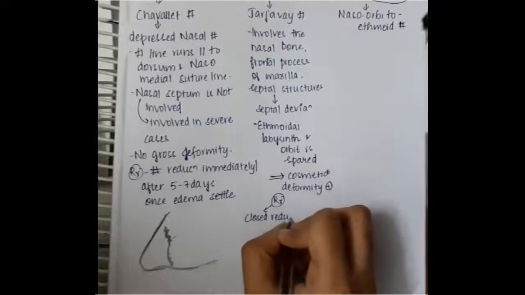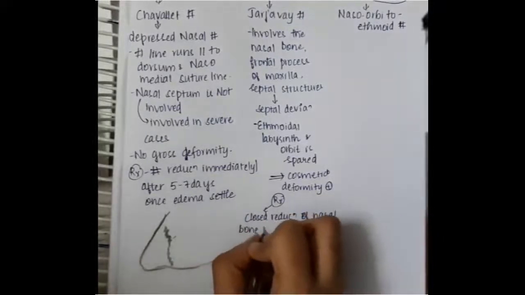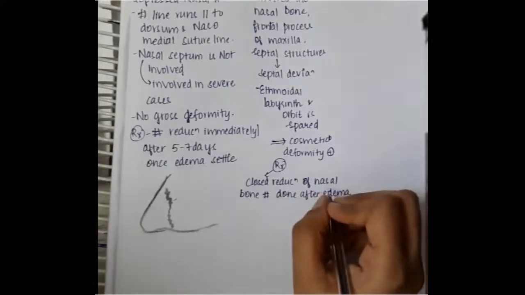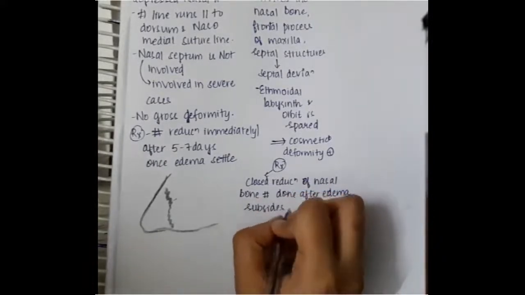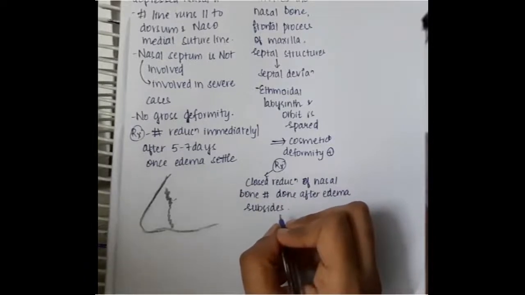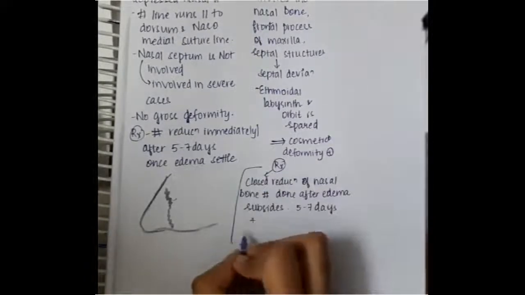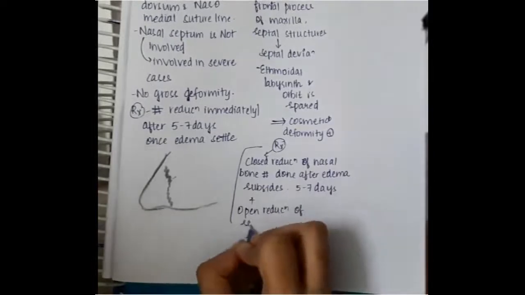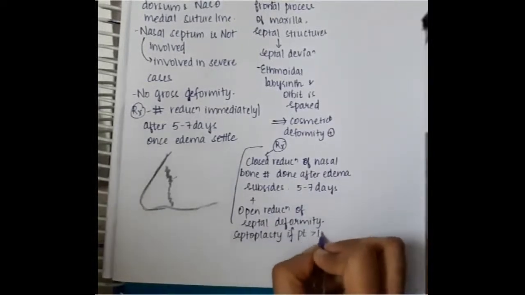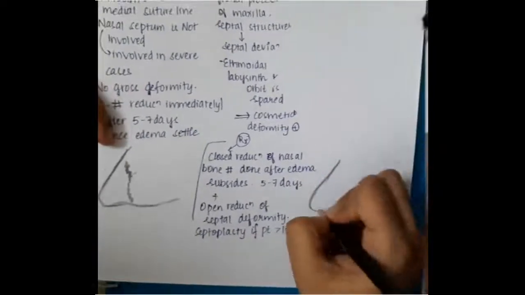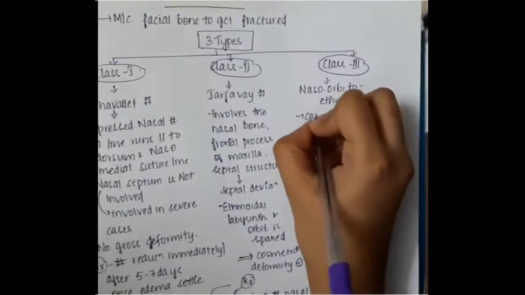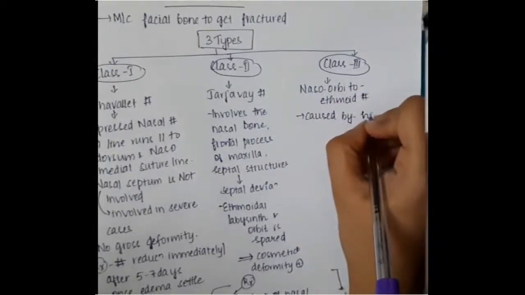Treatment is closed reduction of the nasal bone after the edema subsides, that is in 5 to 7 days. And even if it does not resolve properly, you should do open reduction for septal deformity. Septoplasty is done if the patient is more than 17 years, because here there is septal deviation, so you should correct it. So this is the Jarjave fracture.